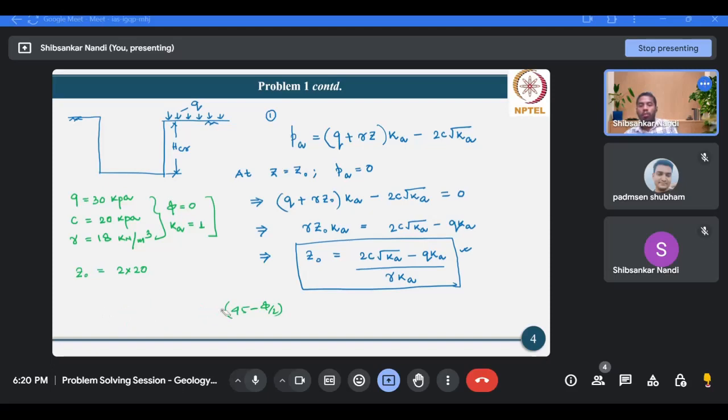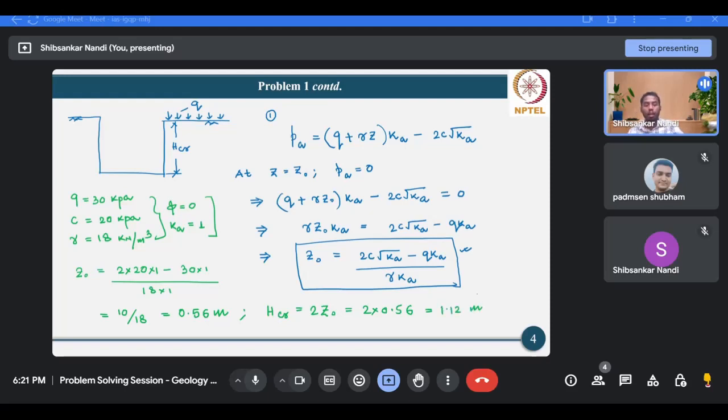So 2 into 20 into 1 minus 30 into 1 divided by 18 into 1. Therefore 40 minus 30, 10 by 18, it's 0.56 meter. So the critical height or critical depth is 2 Z0, so it's 2 into 0.56, so that is 1.12.